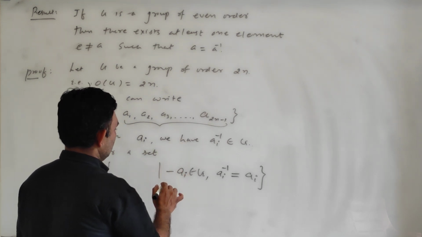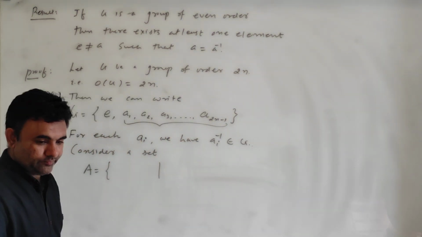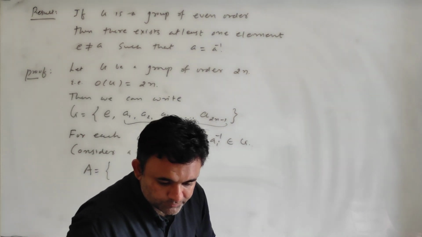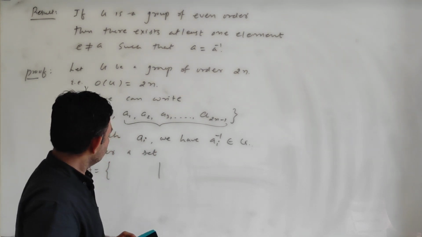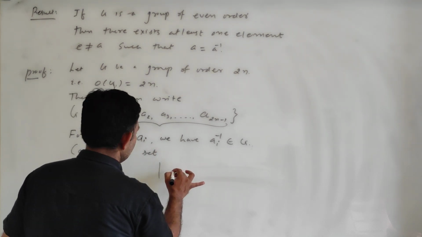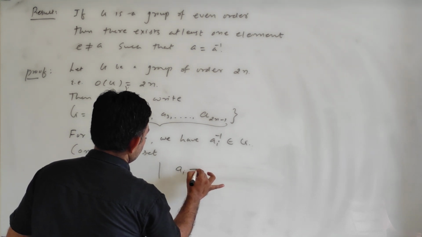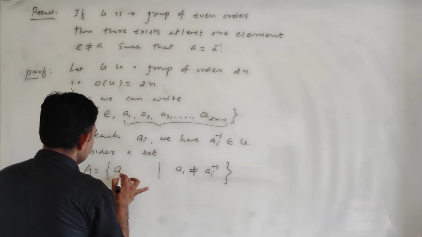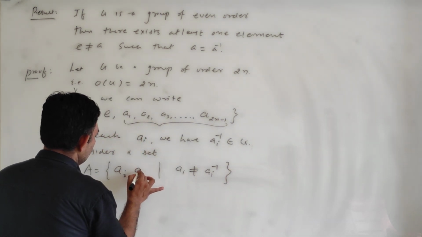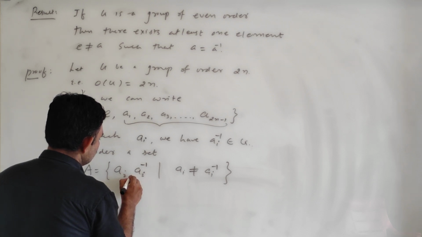Let me write in this way: consider a set of Ai not equal to Ai inverse, then you list these two elements Ai and Ai inverse, comma. This is not a product, it is just a comma.